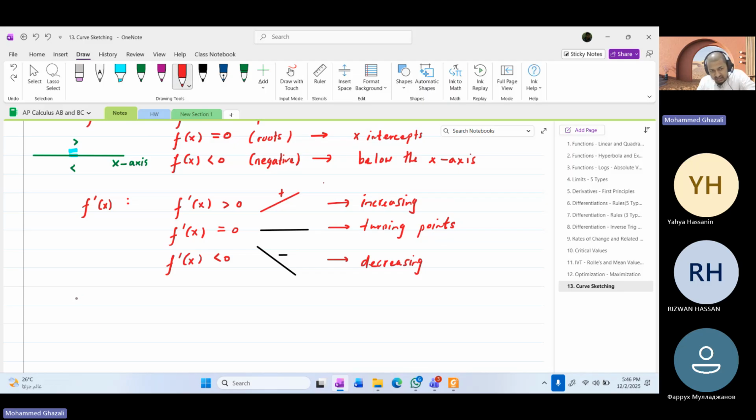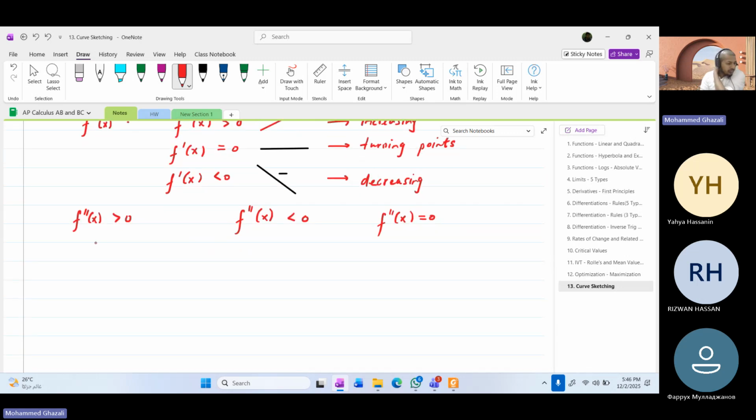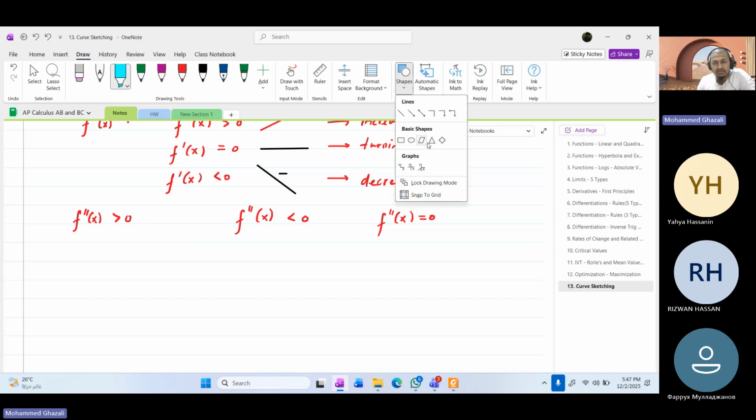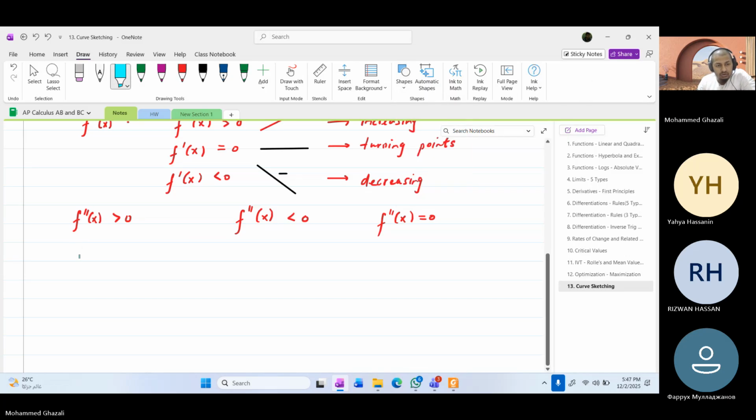Then we have the third one, which is f double prime x, greater than 0, less than 0, and equal to 0. When the double derivative is greater than 0, we are looking for concavity.